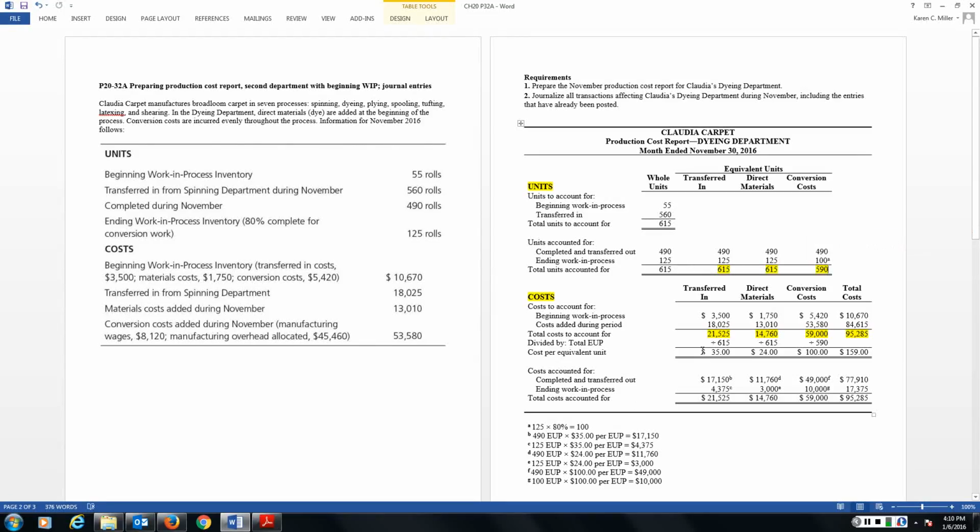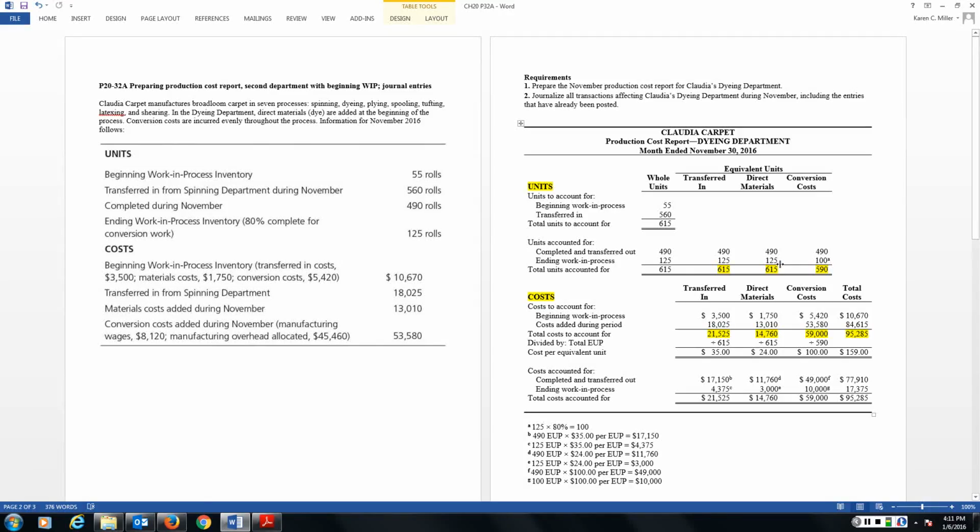If I know the total transferred in cost, I simply divide by the equivalent units of transferred in cost, 615. It gives me $35 per unit. If I know the total direct materials cost, and I divide it by the equivalent units, so remember we only have 490 units completed. We do have 125 units in work in process to make up the 615, but all 615 units, those that were complete and those that are still in work in process, have all of their materials.